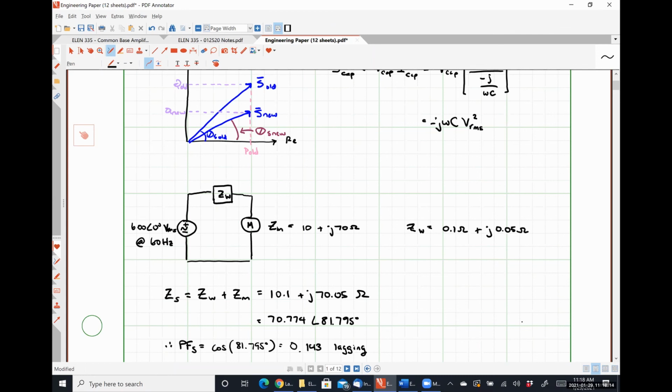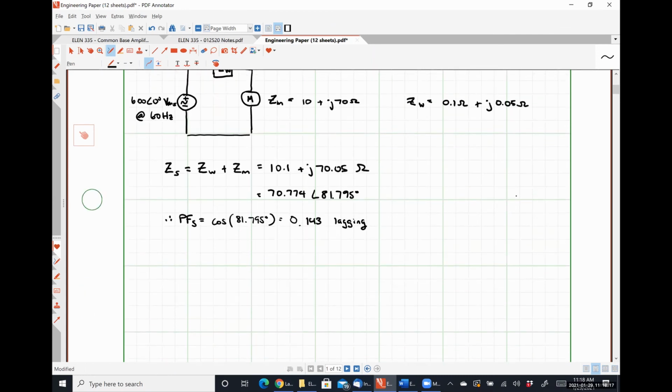So I would argue that the complex power supplied by the source is going to be the RMS phasor voltage of the source times the RMS phasor current that's leaving the source, conjugate. And we could figure that out using Ohm's law, but we actually don't really need to.